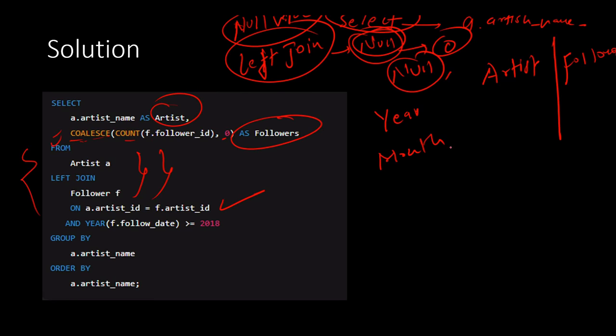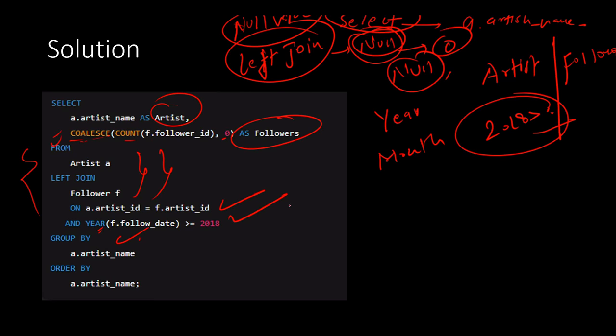As you can see here, we want the followers who followed them in 2018 or after 2018, right? That's why we have used year f dot follow date is greater than or equal to 2018, because it will extract the year from the date.